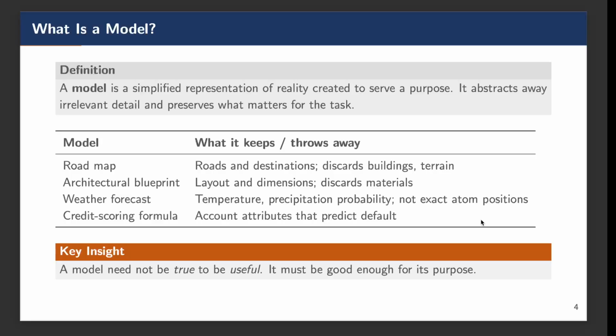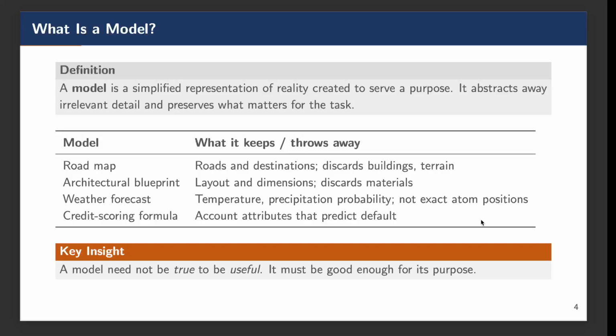Similarly, the credit scoring formula only keeps the account attributes that predict default, but it may discard all other variables or observations that are not important to help you predict the default status. So the key insight here is that a model does not need to perfectly represent every atom in the universe to be useful.